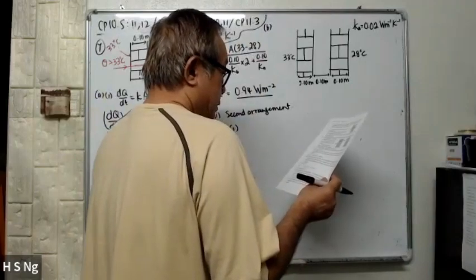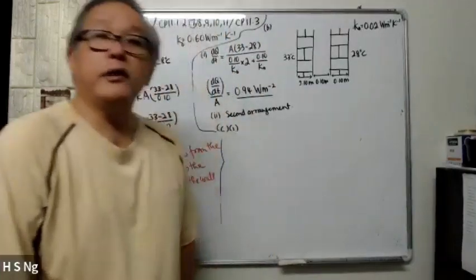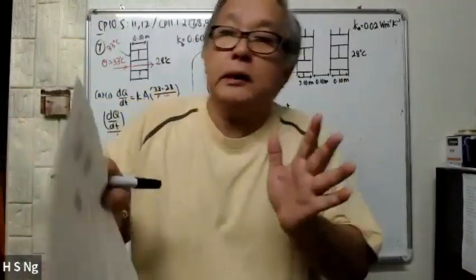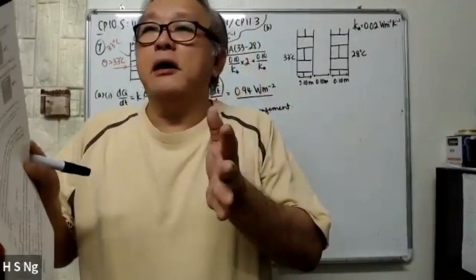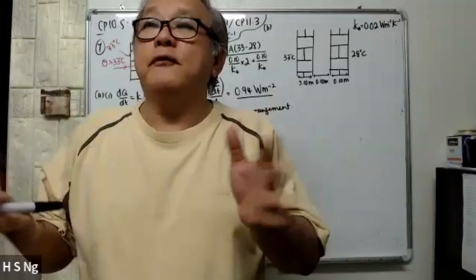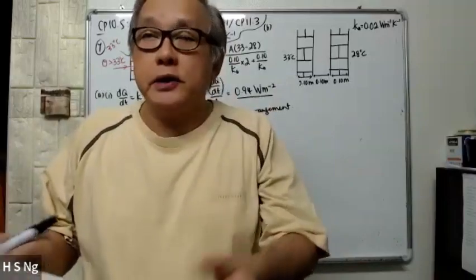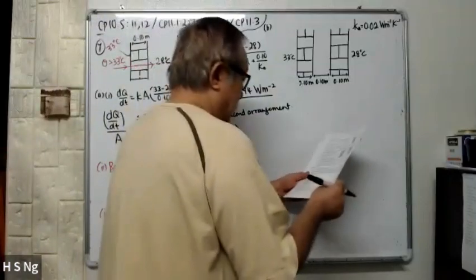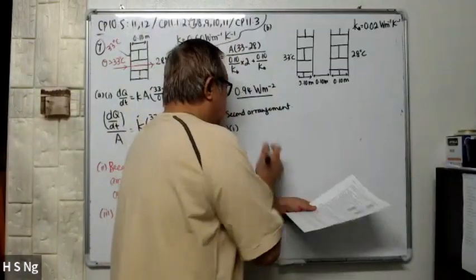And you must have the same rate of heat flow, okay? So to find out how thick a layer of brick you need compared to a layer of air so that the rate of heat flow is the same, you must maintain the same temperature to be fair, okay? So these are the things you have to maintain.